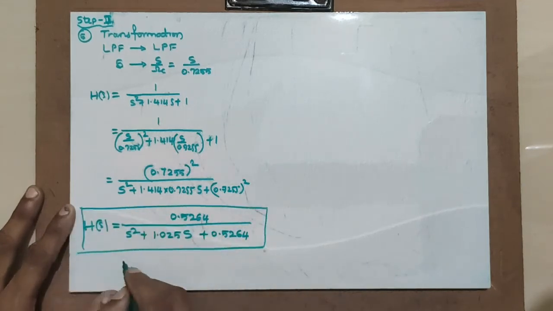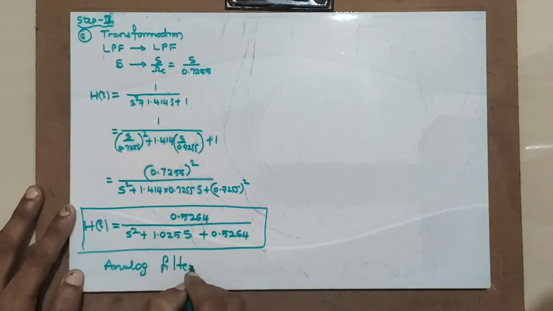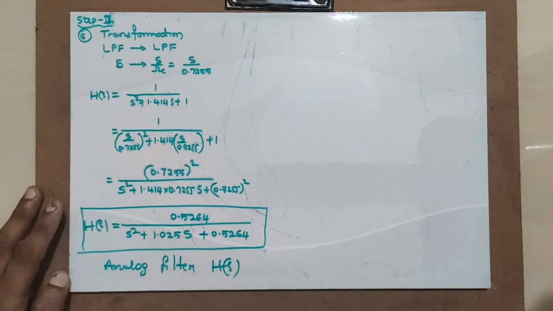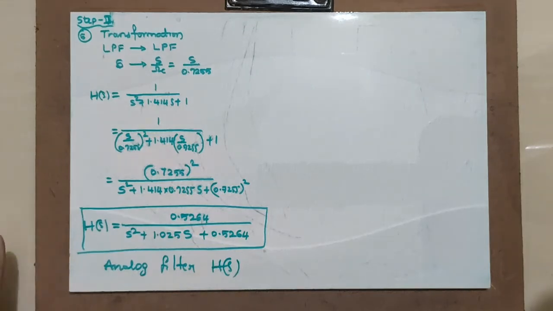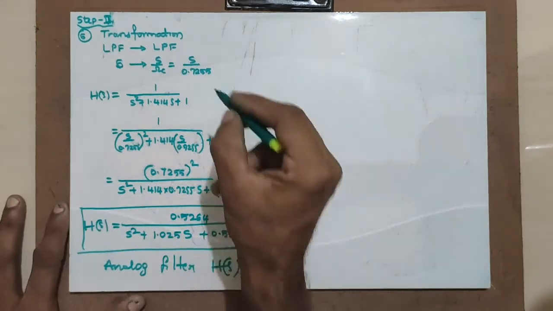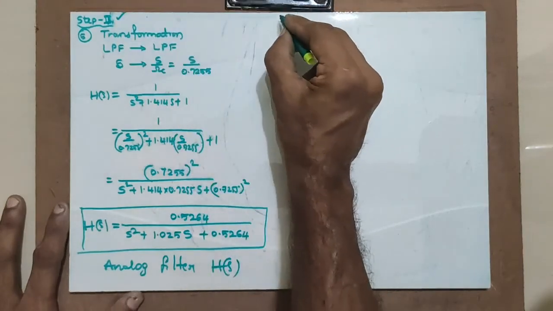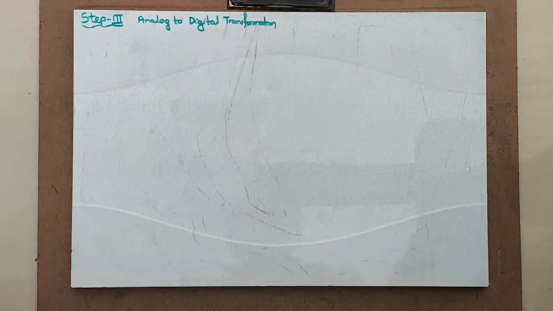I got the analog filter h of s. Okay, this is the answer at step 2. Let us move into step 3, where analog to digital filter transformation is done.